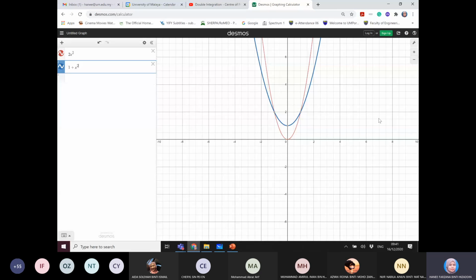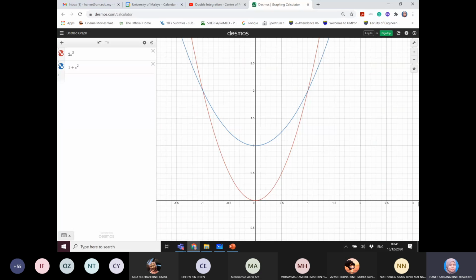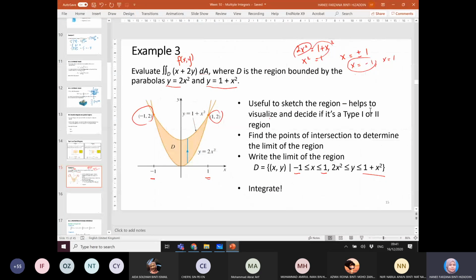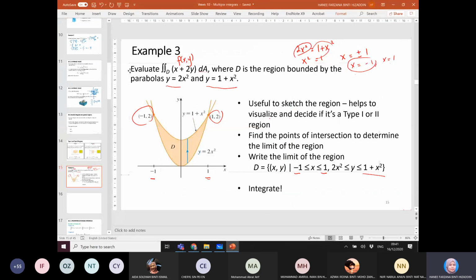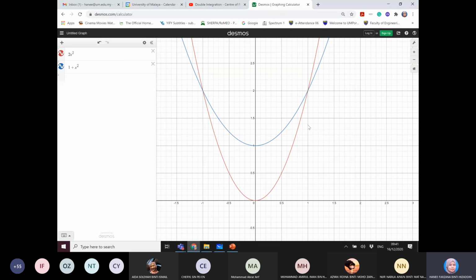So you can see there. So this is a quick way to help you sketch the region, to help you visualize the limits. Because if you're just given this statement only, without the x intervals and whether which one is the lower bound or upper bound curve, then you need to do this. You need to know.